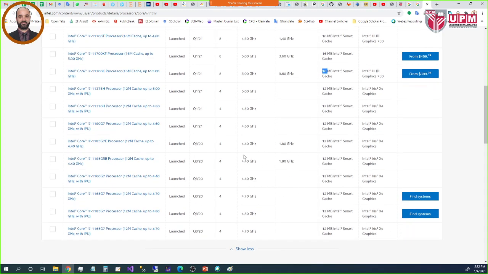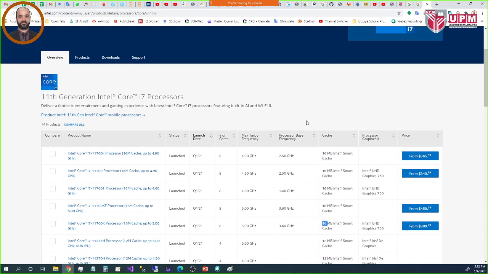Okay, so if you see this one, G7E or GRE or this kind of types of the same i7 Intel Core, you will see that this one is only 4 cores and the frequency is 4.4, and here the base frequency is 1.8, which will give you a much slower performance compared to this.